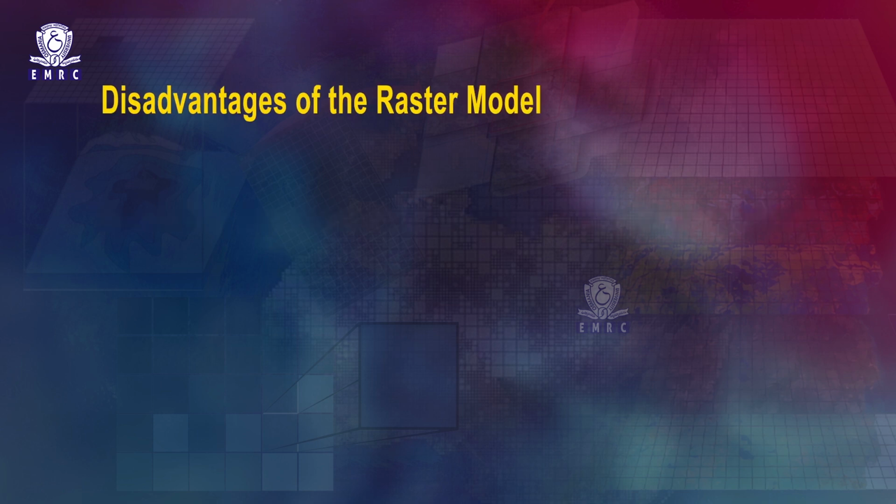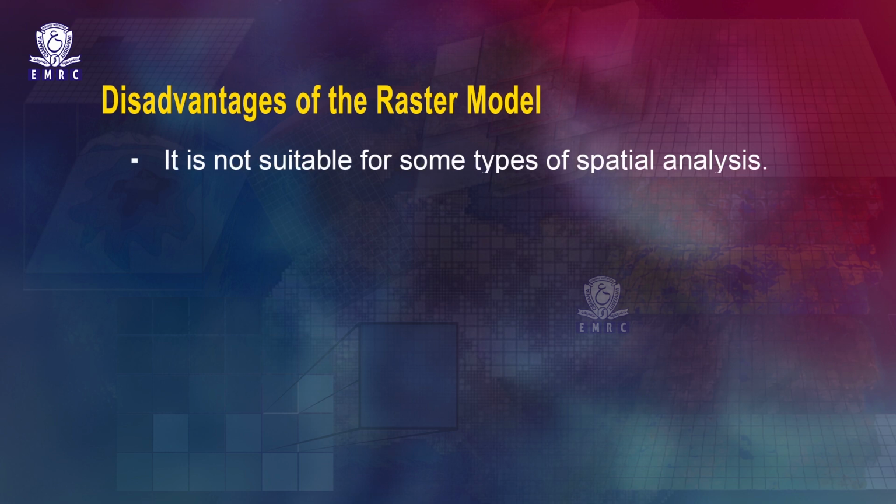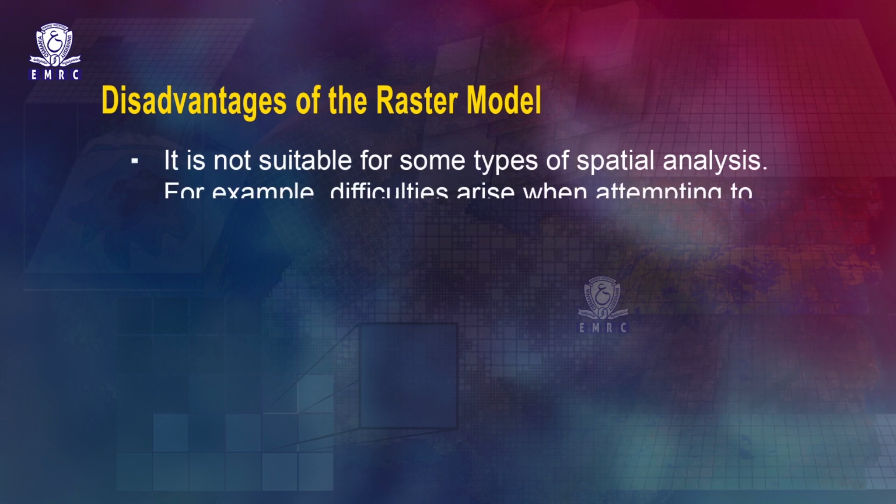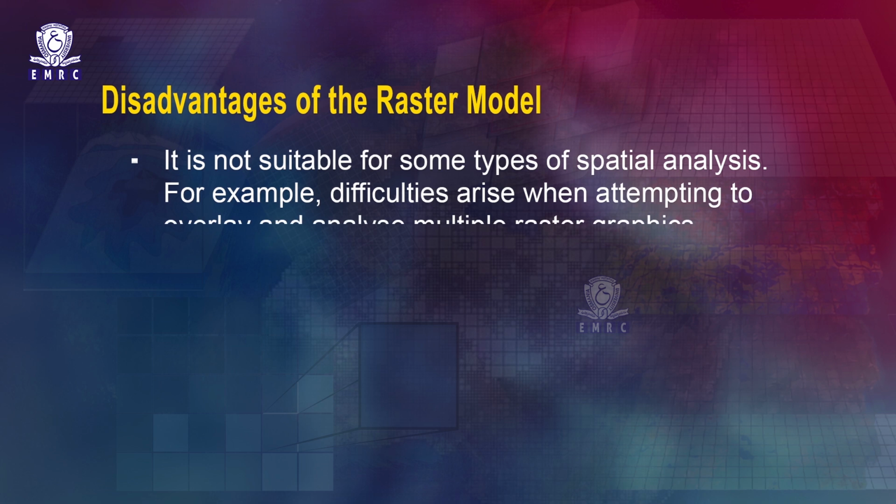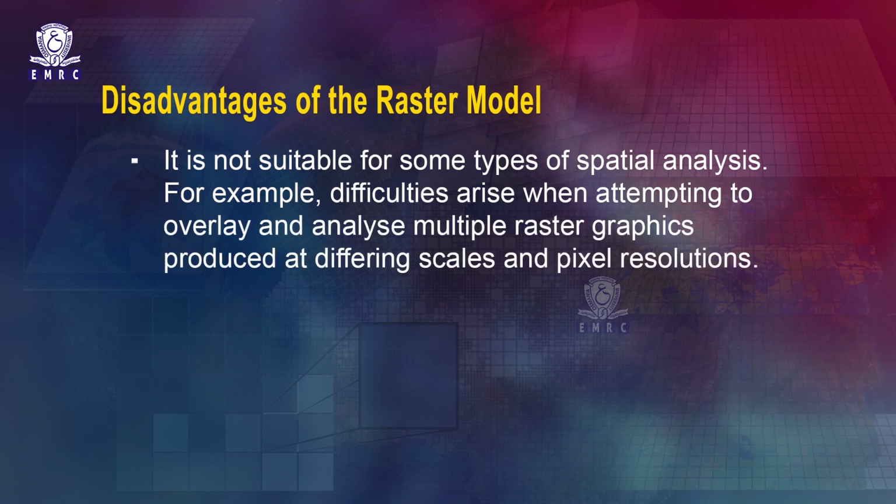The final disadvantage of using the raster data model is that it is not suitable for some types of spatial analysis. For example, difficulties arise when attempting to overlay and analyze multiple raster graphics produced at different scales and pixel resolution.